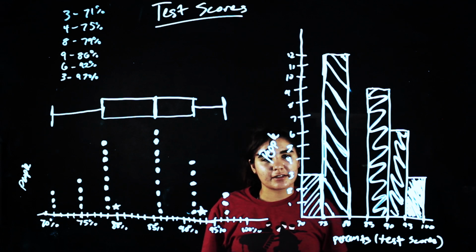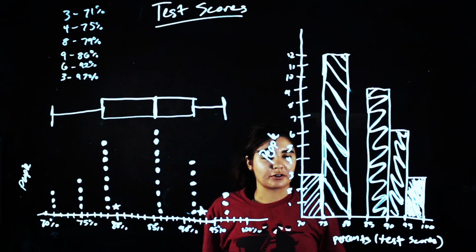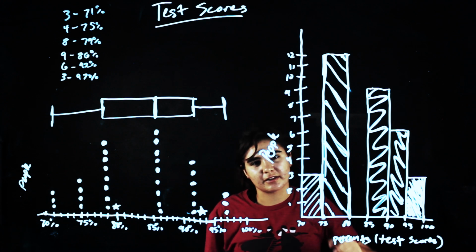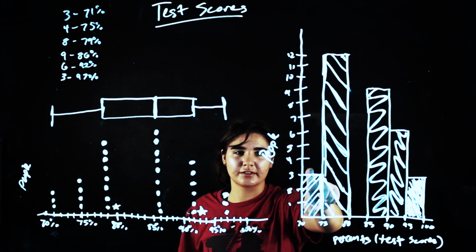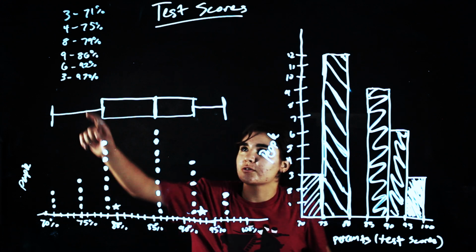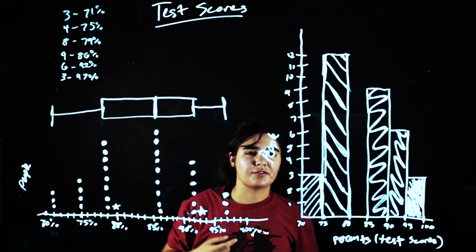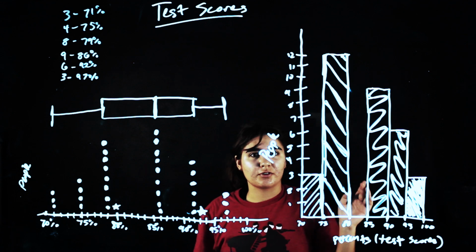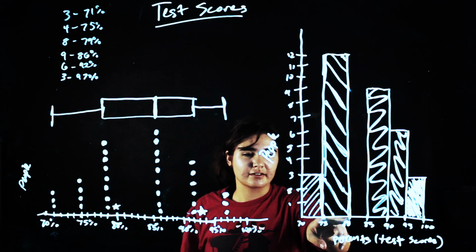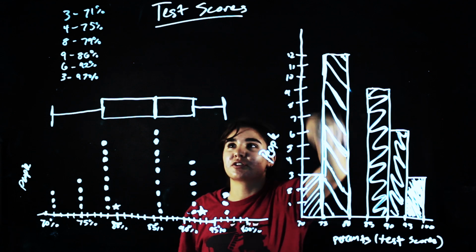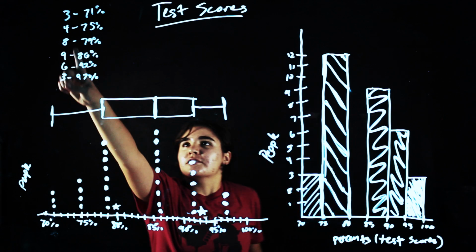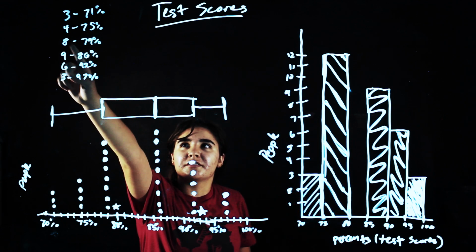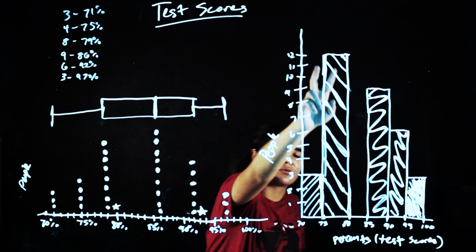And that's, I think, the most important thing to notice, because that means that this bar right here, this 3 people, corresponds with the 3 people that got a 71%, just like these 3 people got a 71%. You could have also noticed that this goes from 75 to 80, but there's 12 people there. So here's our 75, here's our 79, 4 plus 8 is 12, which is why it's like this.